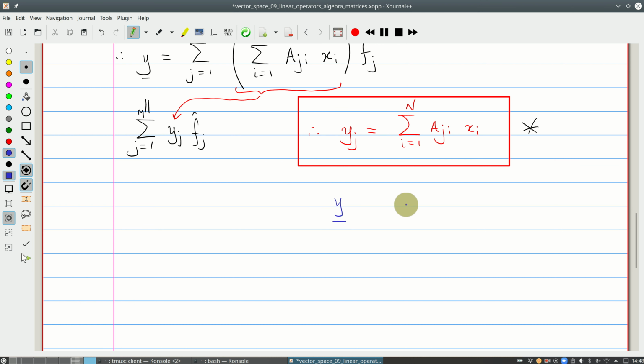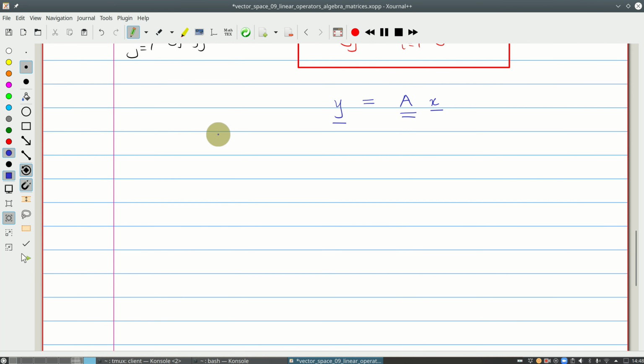The vector y is equal to, this is a matrix now. It's a 2-index object. It's a matrix. So I will call it capital A. It's not script A hat. It's a matrix now. A operating on the vector x. Or more graphically, remember vectors are represented as columns.